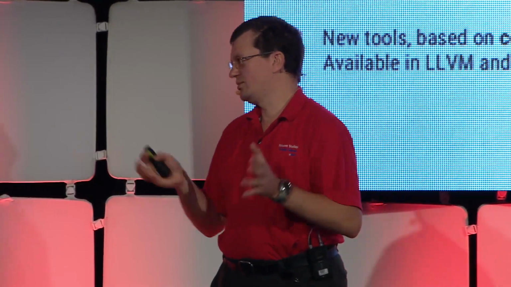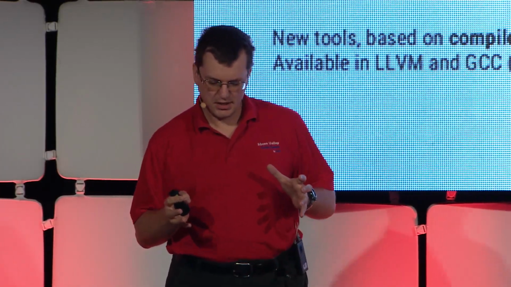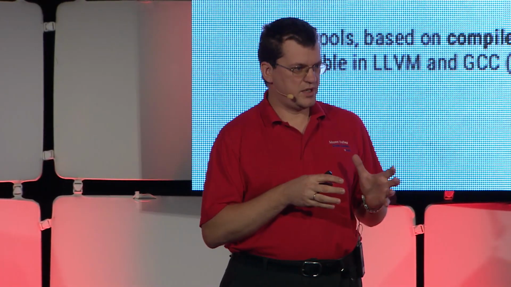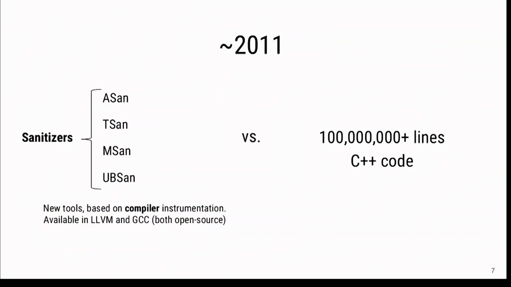Good. By the time we started the Sanitizers, we already had over 100 million lines of C++ code. The new tools are based on compile instrumentation. And today, most of these tools are available in the 2 major open source compilers, LLVM and GCC.